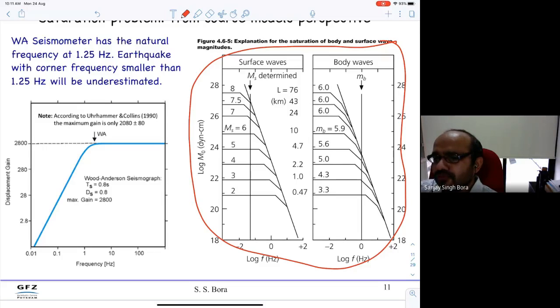This figure is essentially the source spectrum of an earthquake, theoretical source. You can see it from observations also, but at the moment this is plotted theoretically. This one or this one. These are called source models also.